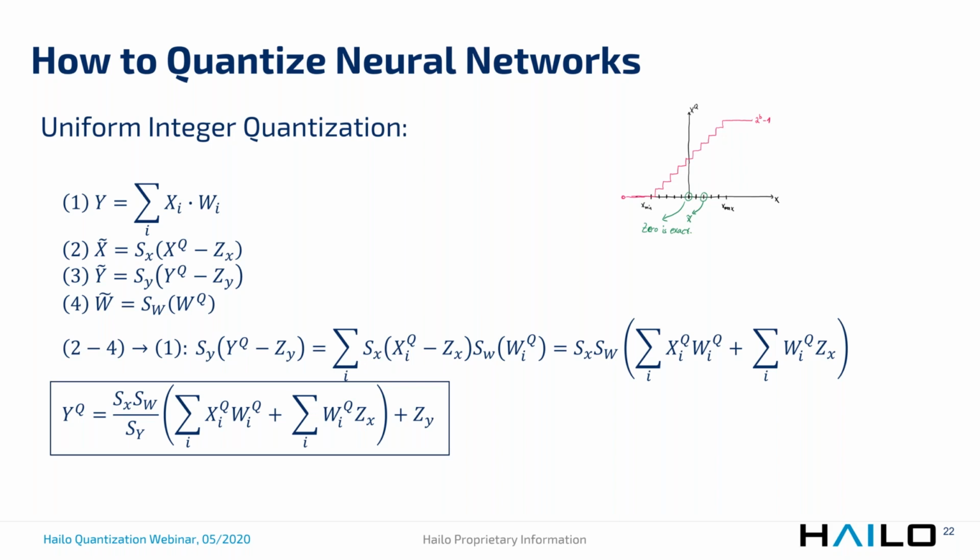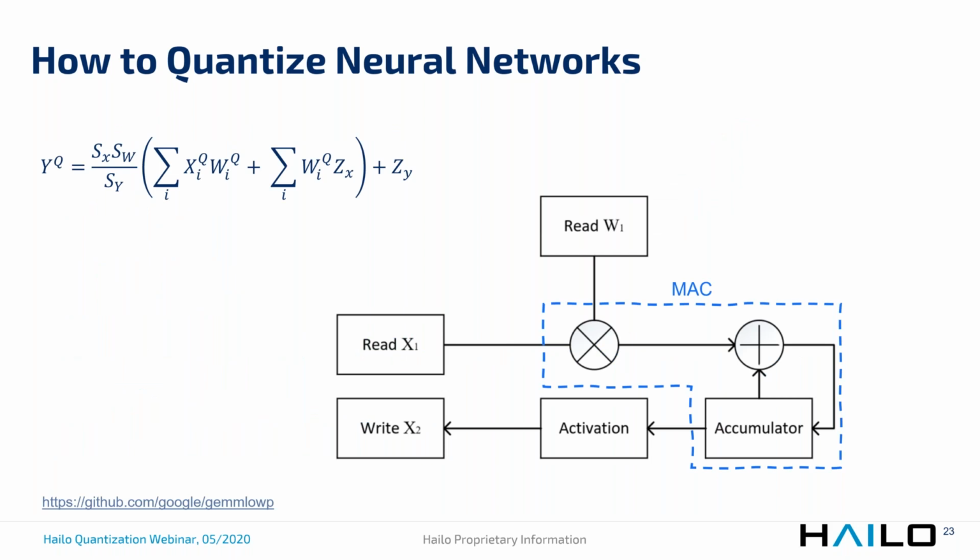And our goal is that the sum here, the multiply and accumulate, is going to take place in the quantized domain, and everything that we store is also going to be quantized. So we just plug the representation into this equation, we shuffle the terms, and finally we get this equation. So let's look at it in more detail.